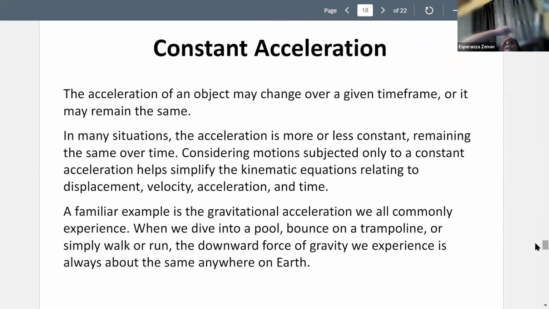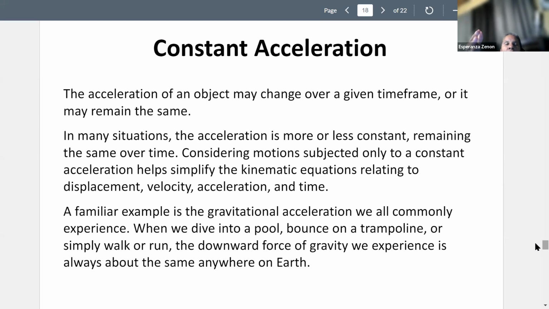Now, what we want to do in this section is focus on a very specific type of 1D motion. So the definitions that we've looked at so far: position, displacement, distance, speed, time, acceleration.